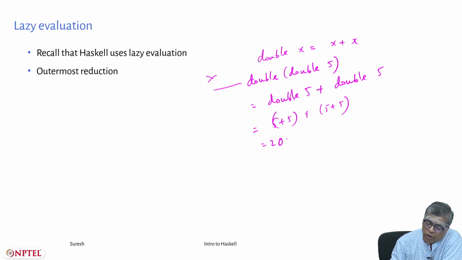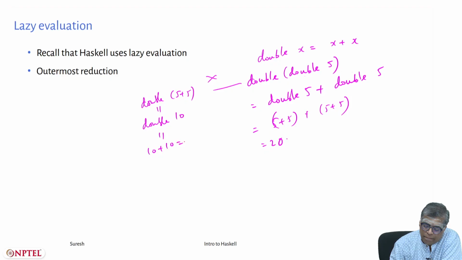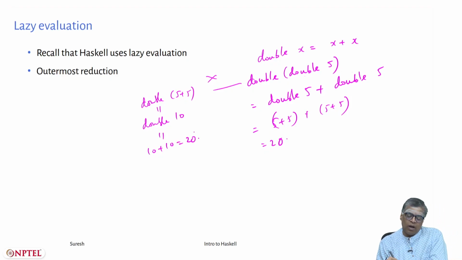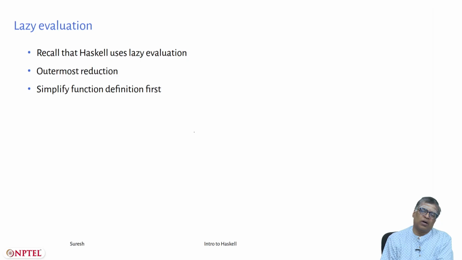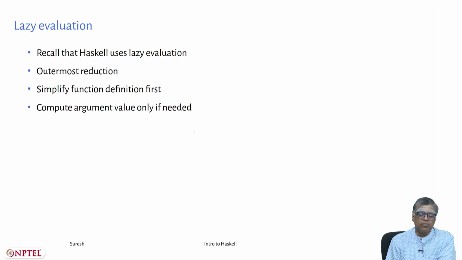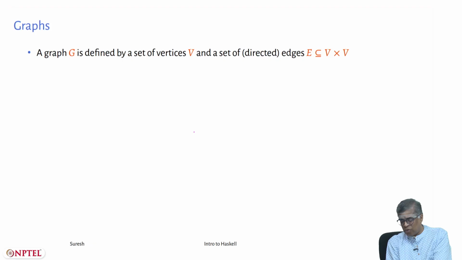It will not do the following: double of 5 plus 5. So this is what outermost reduction means. Looks like this is wasteful, but no, Haskell has a way to do it efficiently. The important point is that it will not do any work that is not necessary. So the thing is, simplify function definition first, compute the argument value only if needed. Okay, so now this is lazy evaluation.